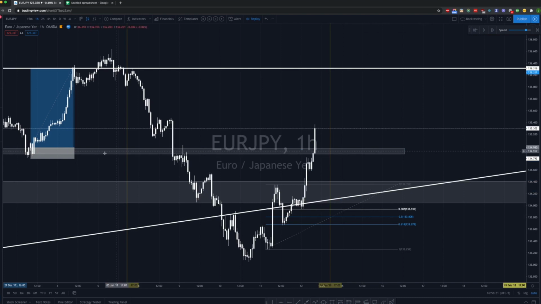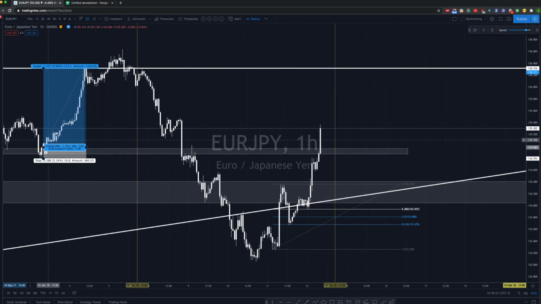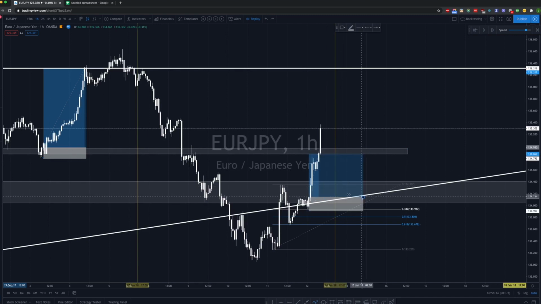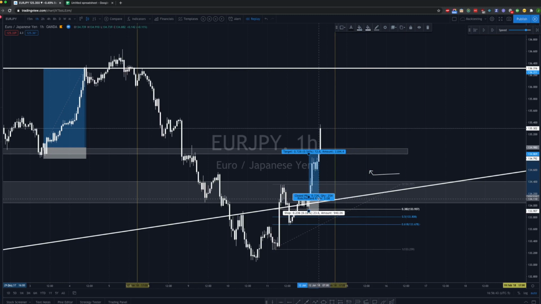Okay, so now we crack past my level, which we last saw a very nice buy from. It completely disrespected it here. So I got rid of my trade, I'll leave my trade on there. From here, I'll just adjust this.